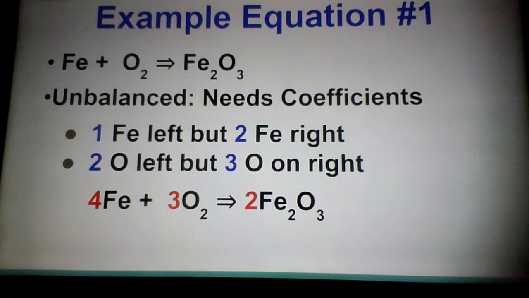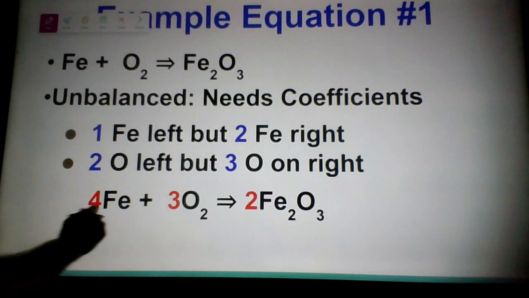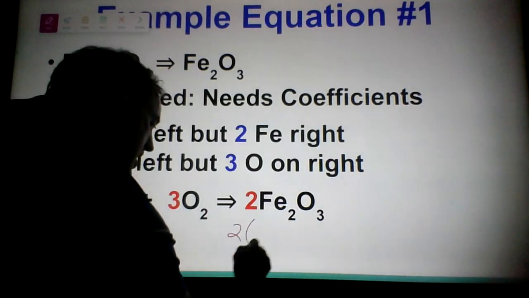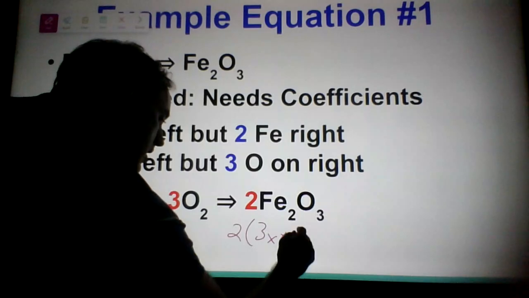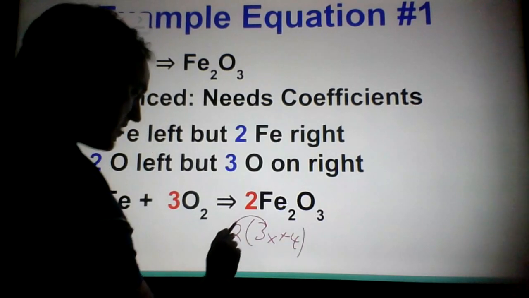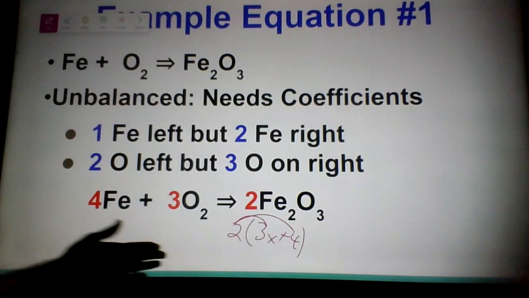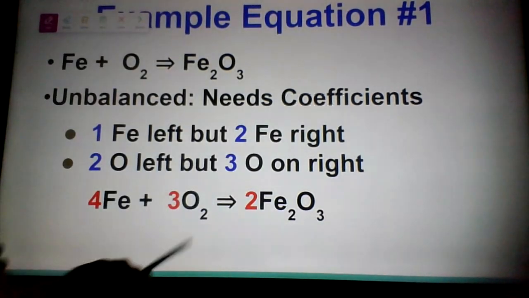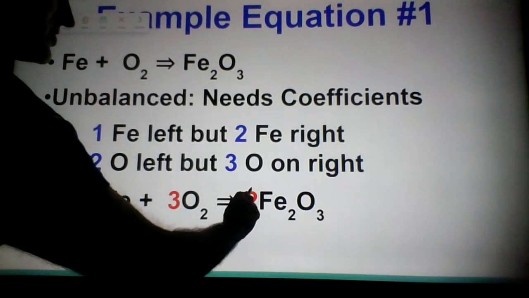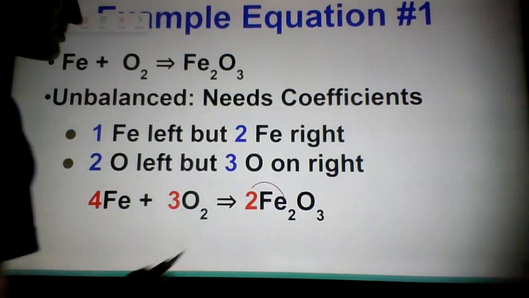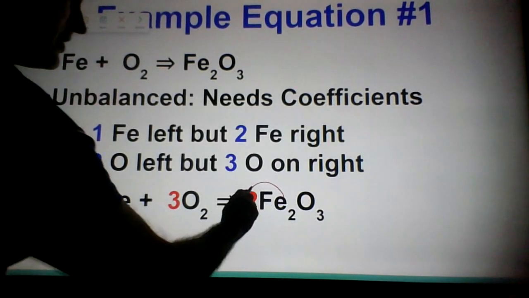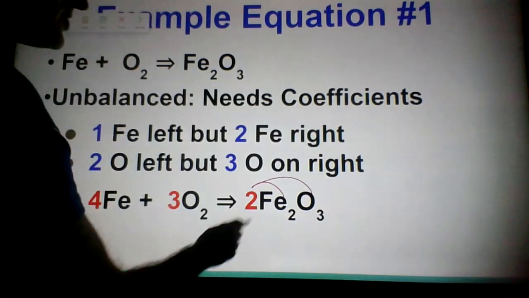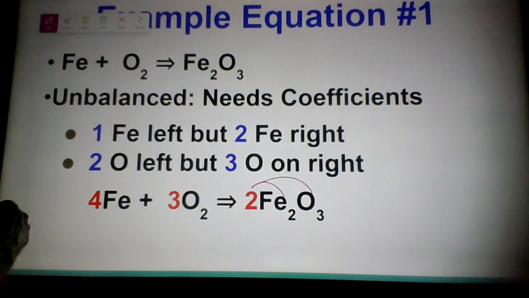Remember distributive property. Okay, just like in math, we have something like 2 times 3x plus 4. Well, remember, it's 2 times 3x and 2 times 4, and we put them together. It's exactly the same here. This is iron twice. So it's 2 times 2 is 4 iron, and then that's O3 twice. That's 6 oxygen atoms.